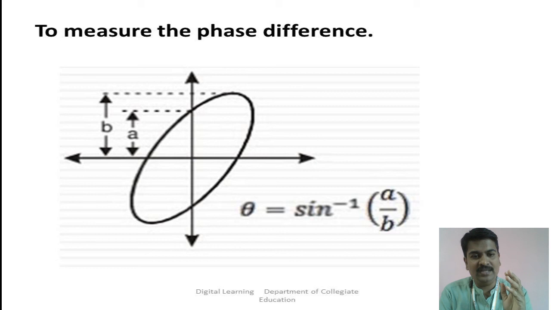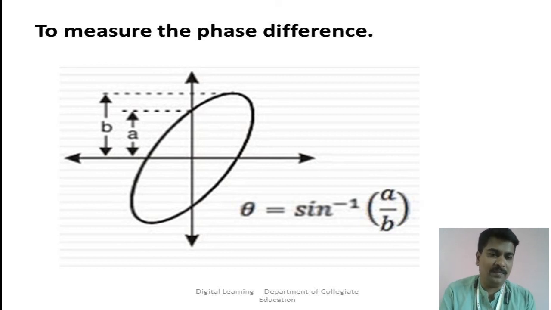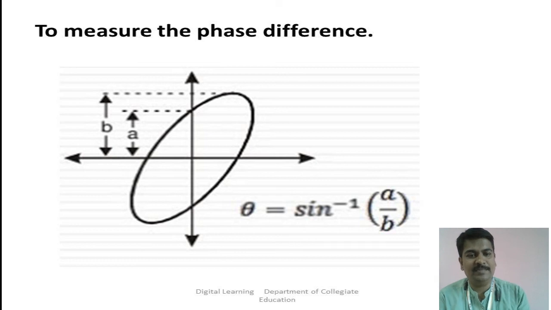Final year BSc students will have this experiment in the lab, in the 503 paper in Tumkur University. You are going to measure the voltage, frequency, and also the phase difference between the two waves in the laboratory with the help of the CRO. That experiment is prescribed in the Tumkur University syllabus. The theory is also there in the 501 paper, and the laboratory experiment is kept in the same year by Tumkur University for the 5th semester students.